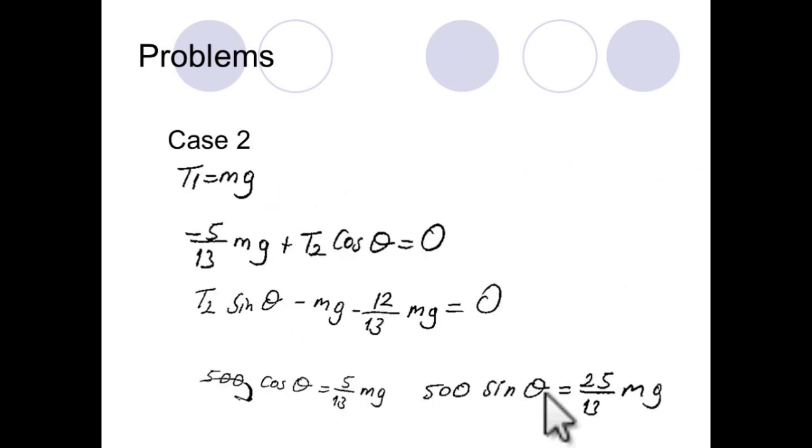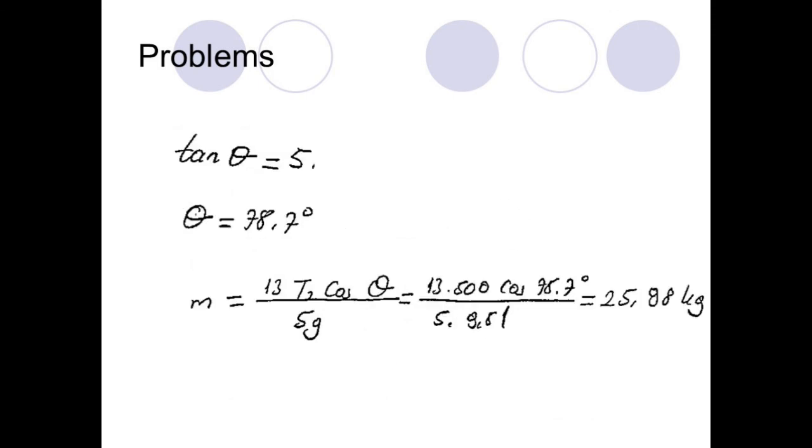So if I divide this expression by this one, I will be left with tangent theta is equal to 5. From here, I can easily obtain that theta is 78.7 degrees.